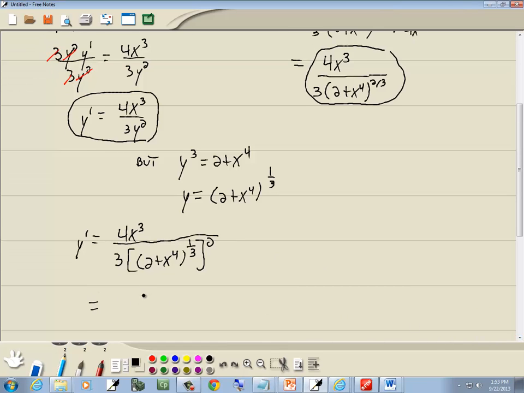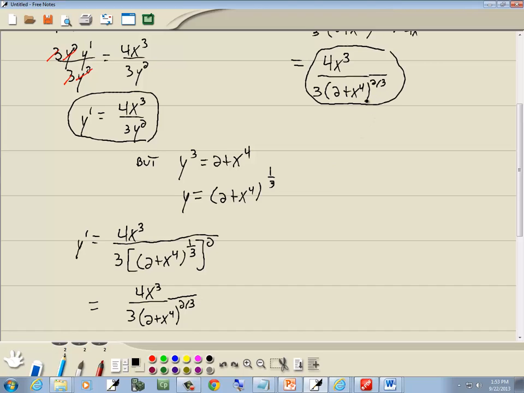Now when we do that, we've got 4x to the third over 3. When you raise one exponent to another exponent, you multiply them together. 1/3 times 2 gives us 2/3. So we get 2 plus x to the fourth to the 2/3 power, which you can see matches our other answer.